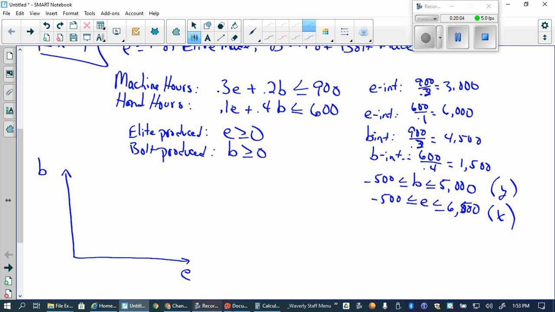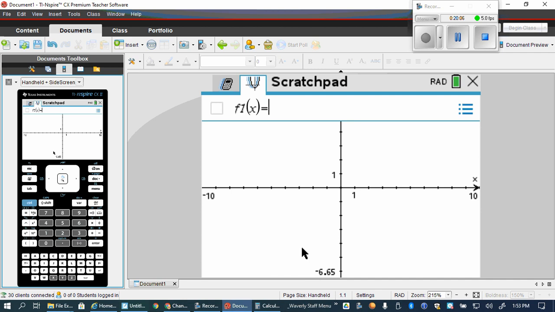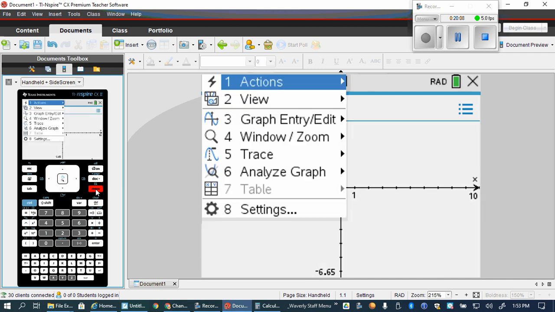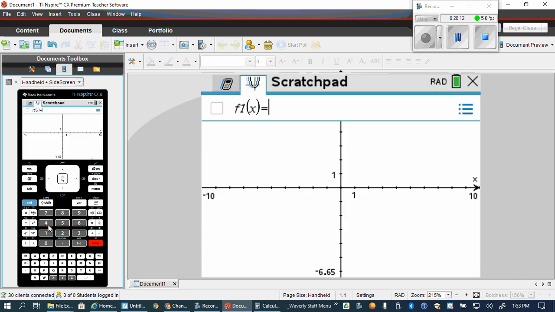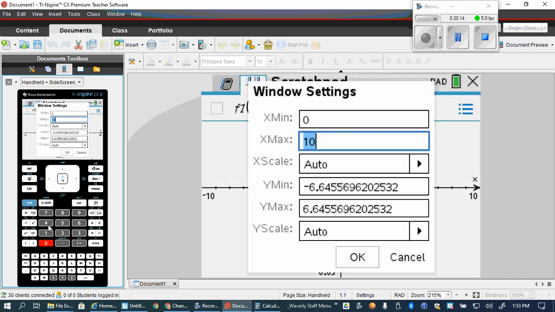Now let's try it. Okay. Windows Zoom. And we said what for the X? 6,500 for the X? Yes. And for the Y, we went from 0 to, say it, 5,000.